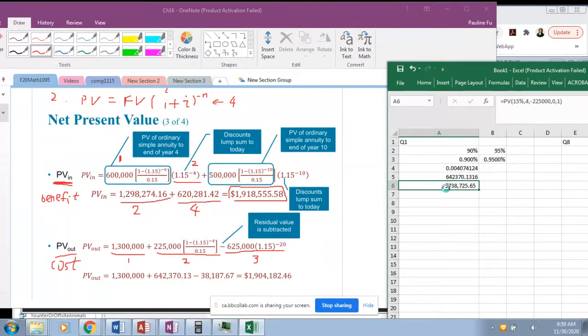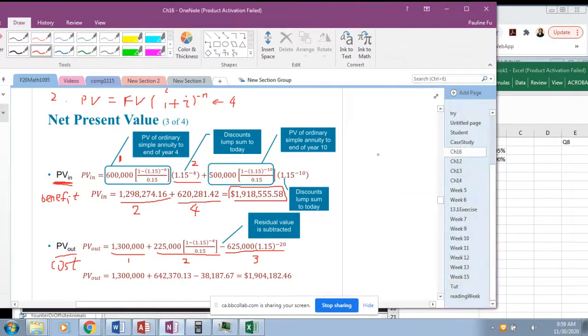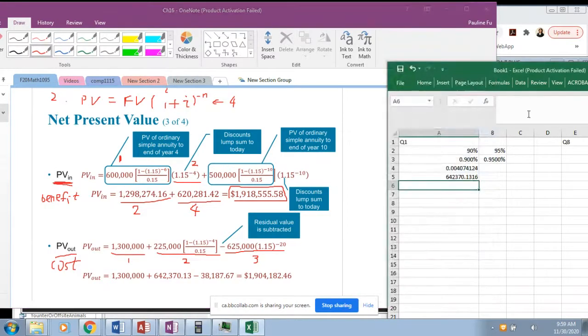No problem. All right, but the principal said the cost is at the beginning, so I would suggest we stick with the principle.